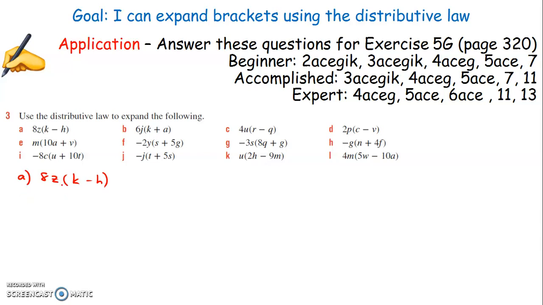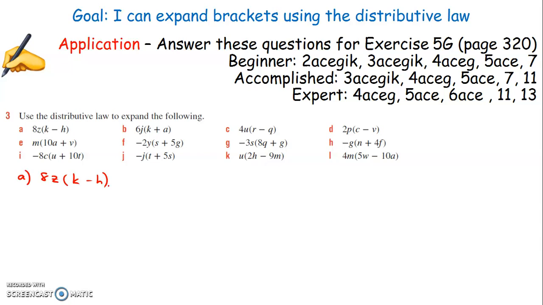What we do here, the distributive law says that instead of multiplying this number on the outside by this whole bracket, especially when we don't know what the bracket is, we can see inside here we've got k and h, and they are variables, so they can be any numbers. We don't know what k is and what h is.